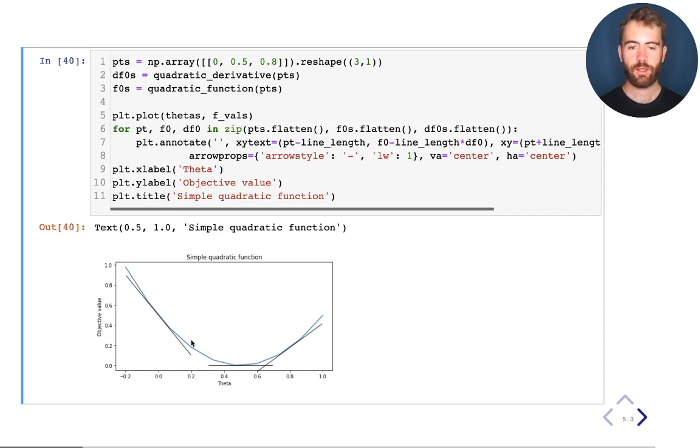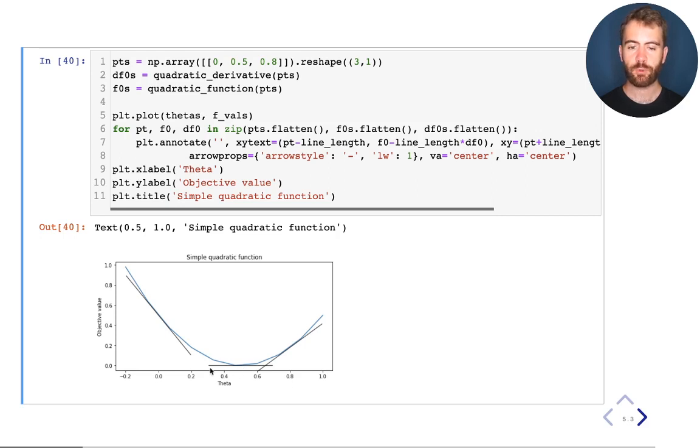And here I have also shown the derivative at 0.5, which is the minimum of this quadratic function. And you see here that this is a flat line which has a slope of 0. And as you would expect from standard calculus, the value of the derivative at the minimum of the function equals 0.